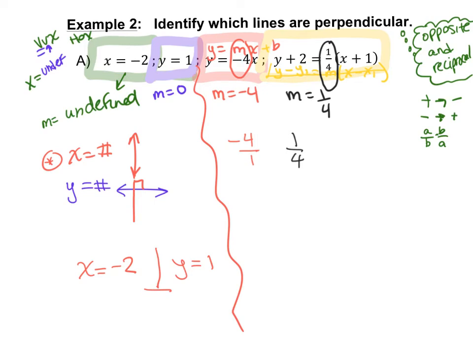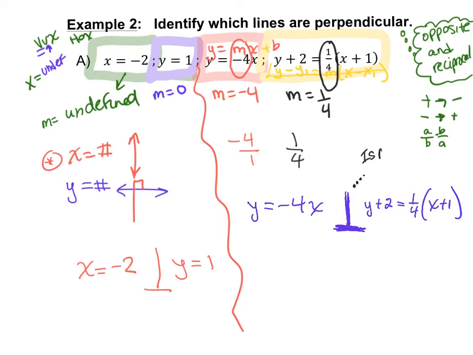And the way that I would write it would be y equals -4x is perpendicular to y plus 2 is equal to 1/4 of x plus 1. So this sign right here means is perpendicular to, just in case you didn't figure it out.